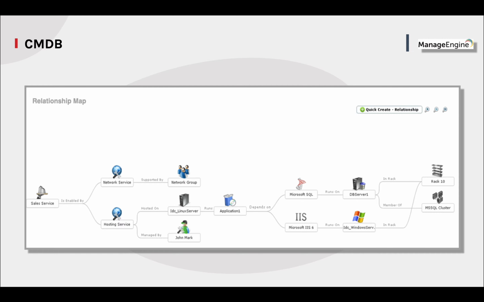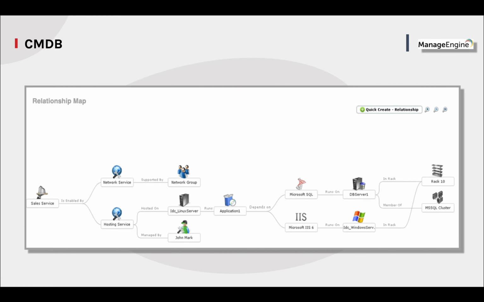Asset Explorer's configuration management database is a uniquely designed tool, a relationship map, to provide the ability to understand the dependencies between the CIs. The configuration items can either be a physical or a virtual entity. When I say physical entity, it can be servers, routers, switches. When I say virtual entity, it can be departments or business services.